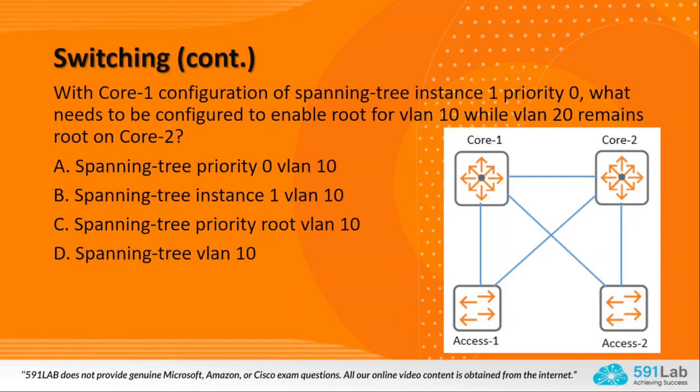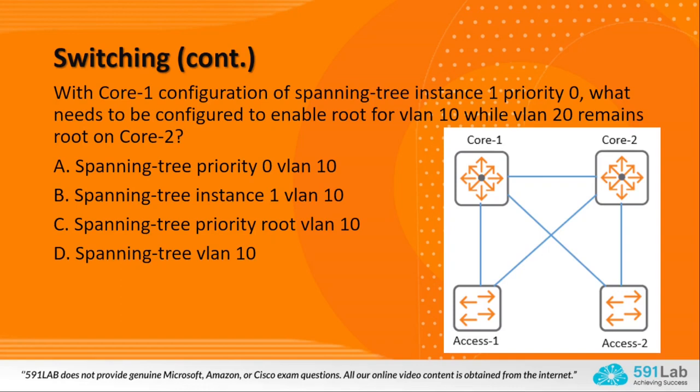With core 1 configuration of spanning tree instance 1 priority 0, what needs to be configured to enable root for VLAN 10 while VLAN 20 remains root on core 2? Okay, so we have to focus on VLAN 10 and core 1. This is regarding multiple spanning tree protocol, which is the default STP mode for AOS-CX switches.